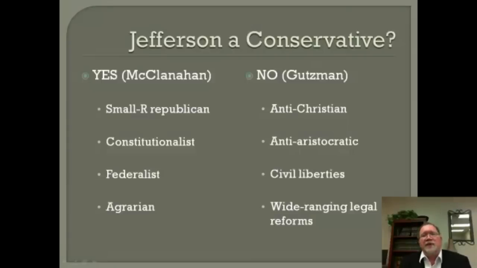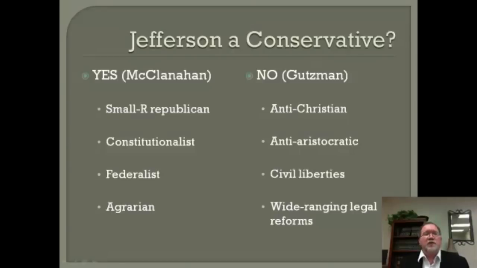Also, of course, Jefferson makes the argument for nullification in the resolutions of 1798, the Kentucky resolutions and the Virginia resolutions. So again, McClanahan says this resistance to federal power is a conservative position.